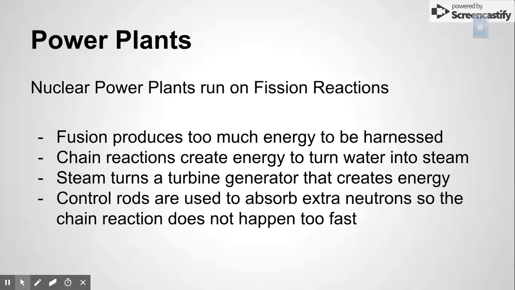Then the control rods, what they do is they drop those down, and the extra neutrons can't hit the rest of the fuel. So all you do is block the rest of the fuel from the neutrons, and you keep it at a rate that doesn't make a bomb. When Chernobyl went down, they pulled the rods up for too long. It got too hot. It melted the whole reactor, and then the chain reaction essentially went off. They're lucky they just didn't have a nuclear explosion.